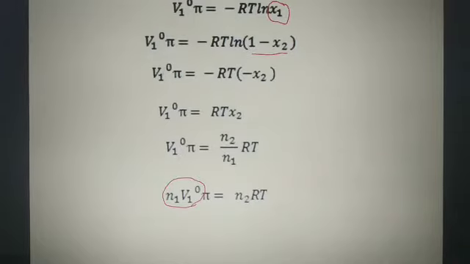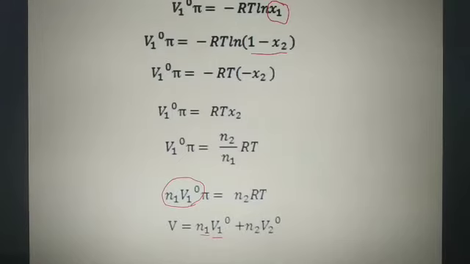What about this one? If I take the total molar volume, that is equal to n1, the number of moles of first component, V1 naught the partial volume of solvent, plus n2, the number of moles of solute, V2 naught the partial molar volume of the solute.